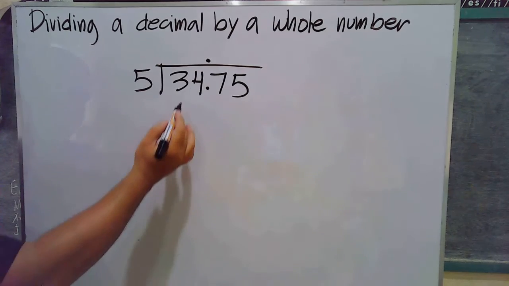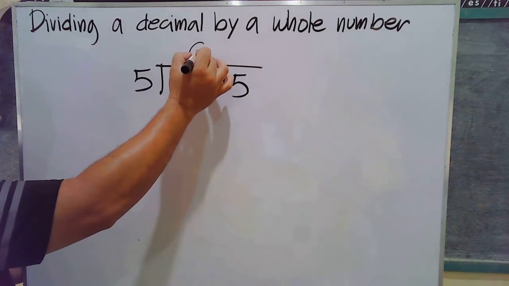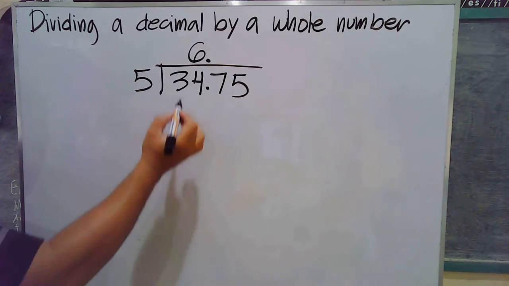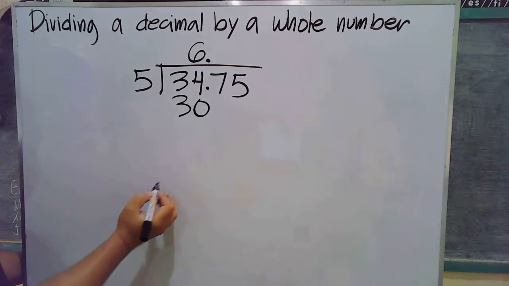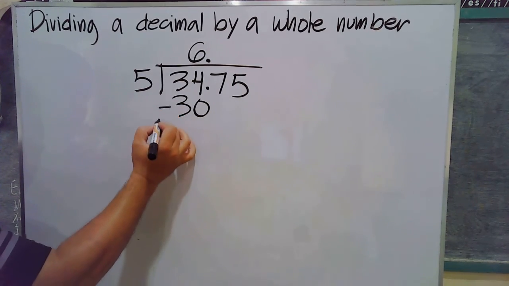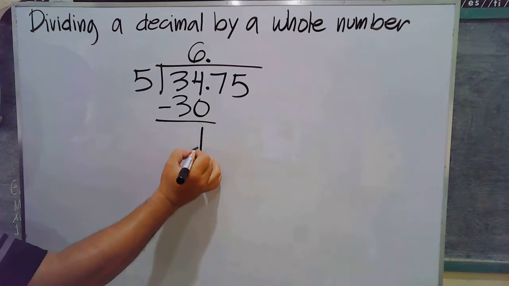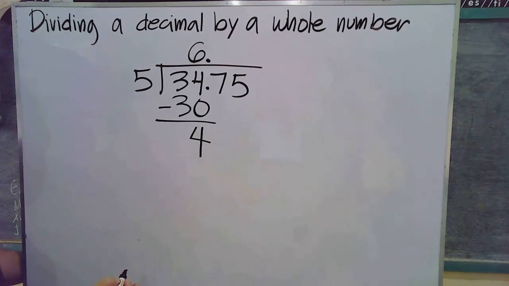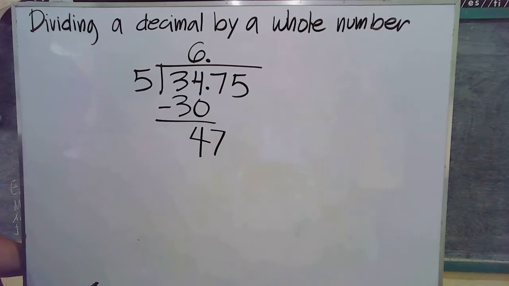So 34 divided by 5 is 6, because 6 times 5 is 30. Okay? So subtract. 34 minus 30 is 4. Okay? Bring down 7.